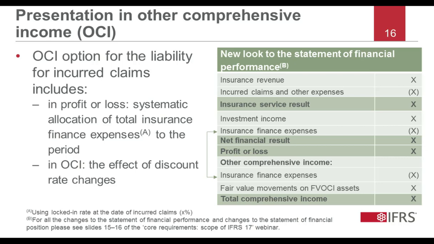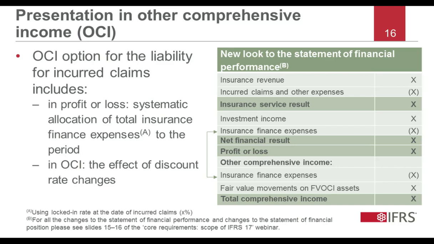IFRS 17 allows an entity to choose, as an accounting policy, to present insurance finance expenses arising from the liability for incurred claims in profit or loss, or to disaggregate those expenses between profit or loss and other comprehensive income.